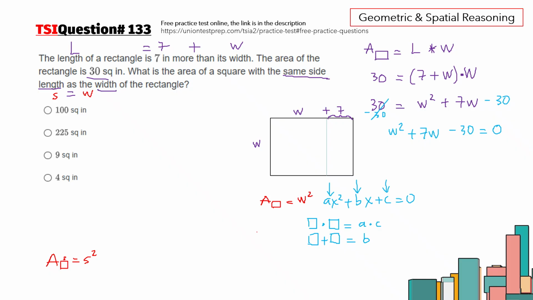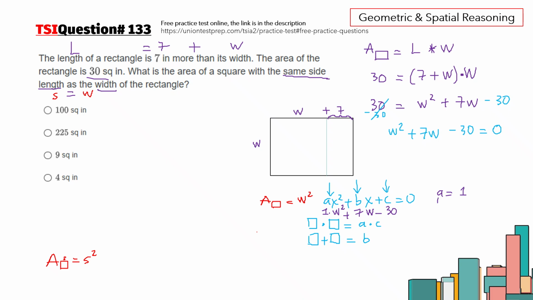Now, we have W squared plus 7W minus 30. So my a is equal to 1, because it is 1 times W squared. We write nothing in the front, but we know that the coefficient of W squared is 1.